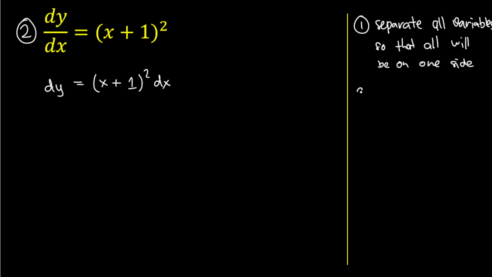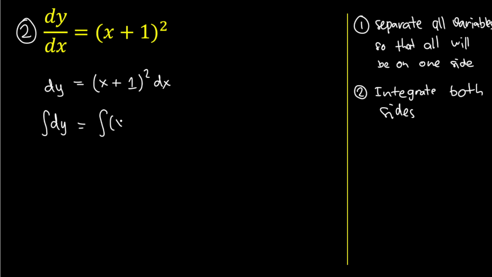And so we can integrate both sides. So the second step will be integrate both sides. So here on the left hand side, I will have integral of dy. And on the right hand side, I will have integral of x plus 1 squared dx.